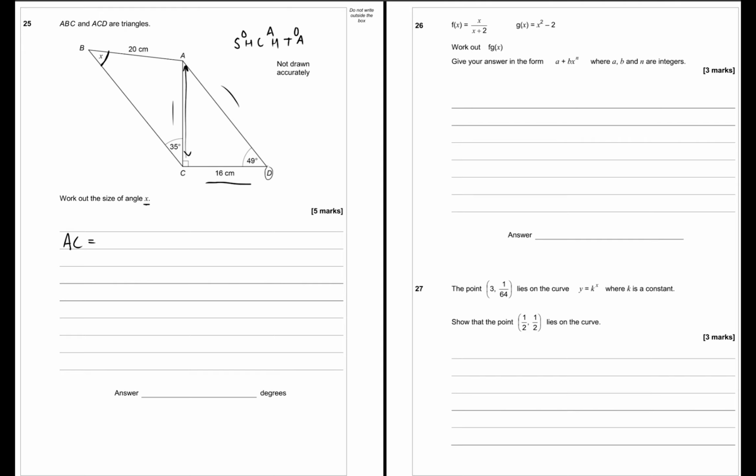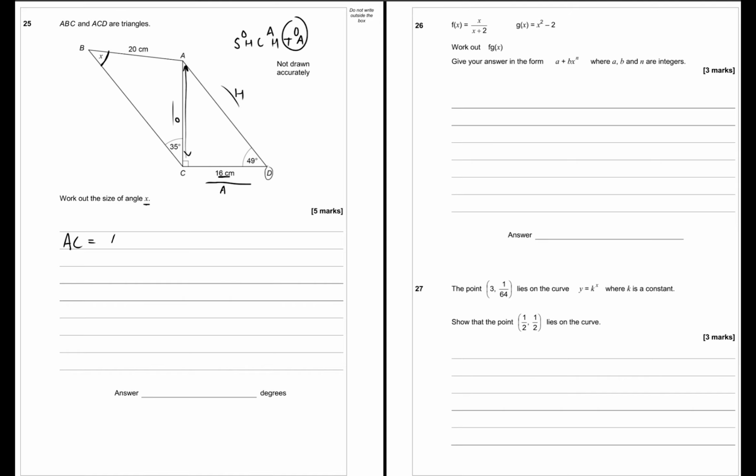Is it opposite, adjacent, or the hypotenuse? Well, it's not the hypotenuse because this one is the hypotenuse, which is the longest one. It's not adjacent because it's not next to the angle, so it is opposite. And we have the opposite and we have the adjacent. We know A, we know 16. So we are going to use O and A, which is tan.